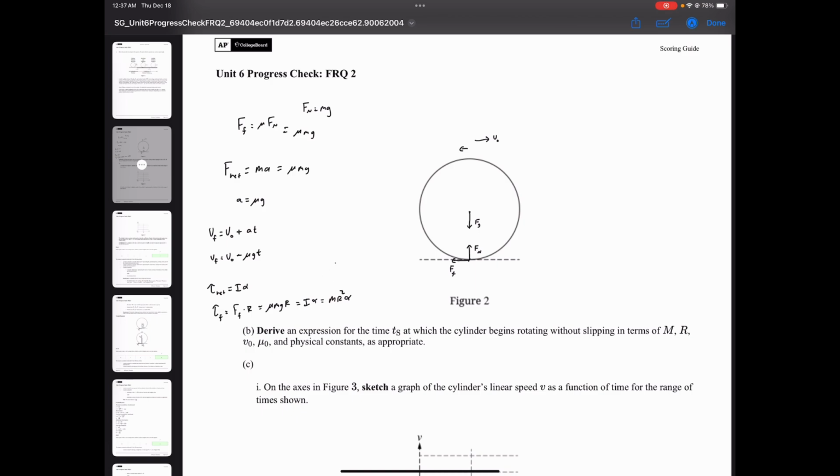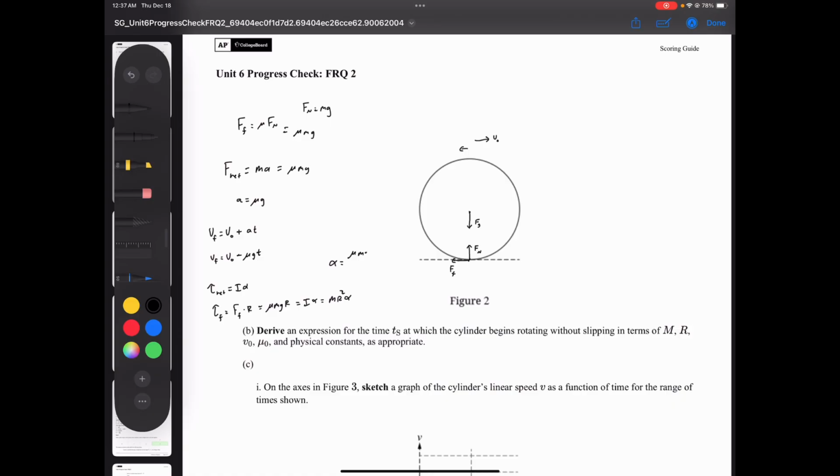Alpha is equal to mu mg times r, that's the torque acting on the cylinder, divided by the moment of inertia of the cylinder, mr squared. So mr squared times alpha is the net torque on the cylinder, and that has to equal the torque caused by friction, because that's the only torque actually acting on the cylinder. So let's cancel out some of the terms.